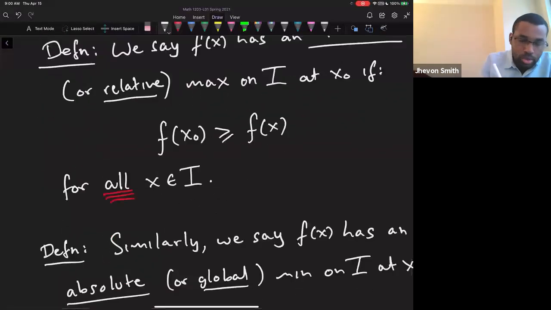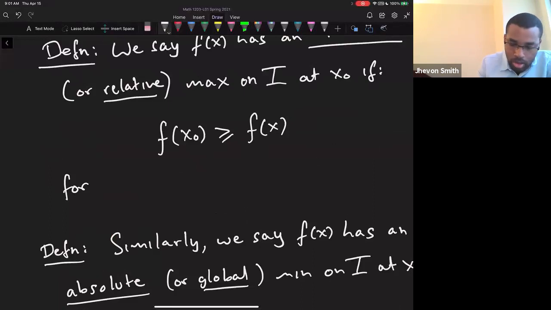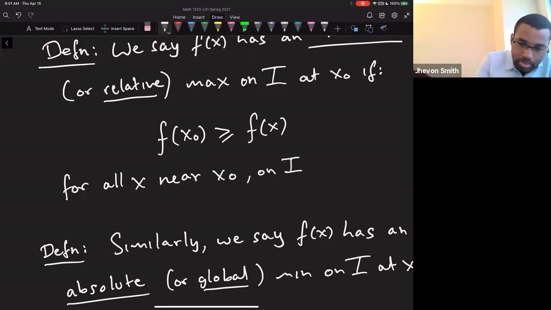If this is true for all x, so it's not all x on I, it's for all x near x naught on I. So it's not for everyone in the interval, but it's for everyone close to the point that's in the interval.